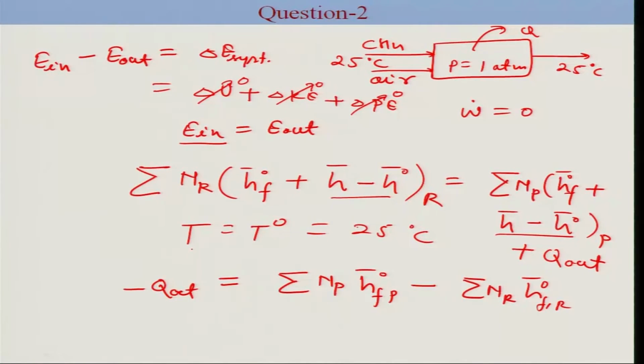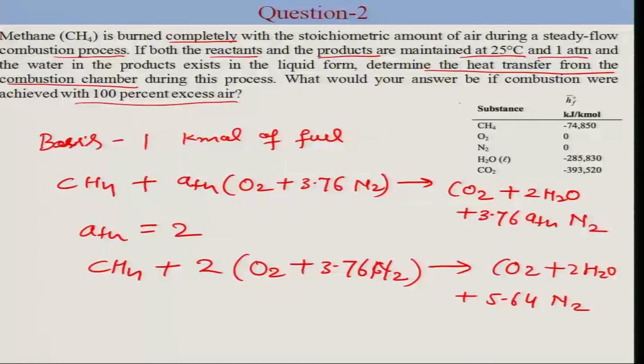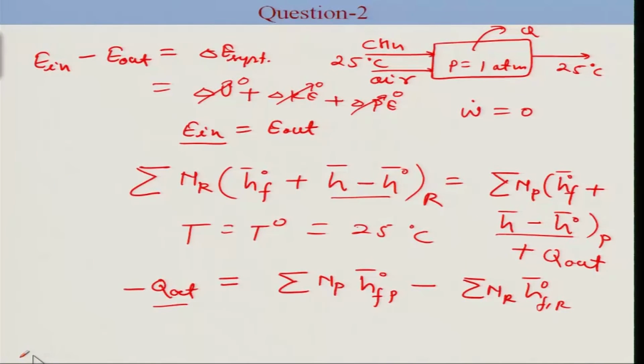So, we need to find out Q out. For that, heat of formation data for all the substances are given here. Utilizing these heat of formation data, we will calculate Q out.